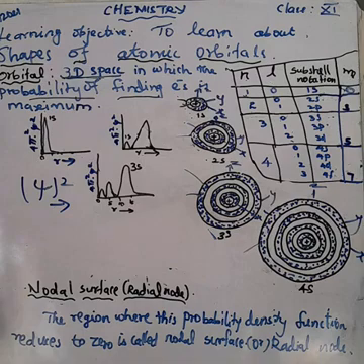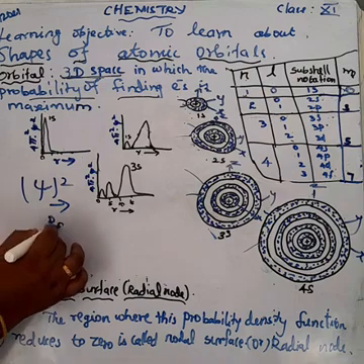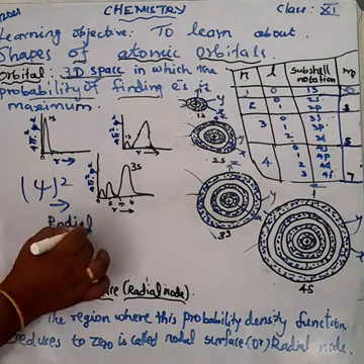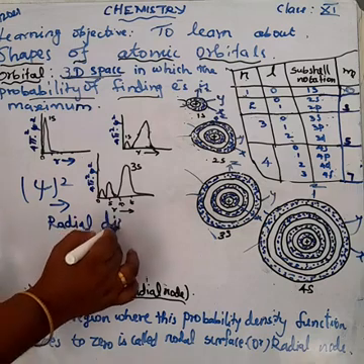Already I told you that R represents the radial wave function. The distance from the nucleus where the probability of finding electrons is maximum is explained by the radial distribution function.